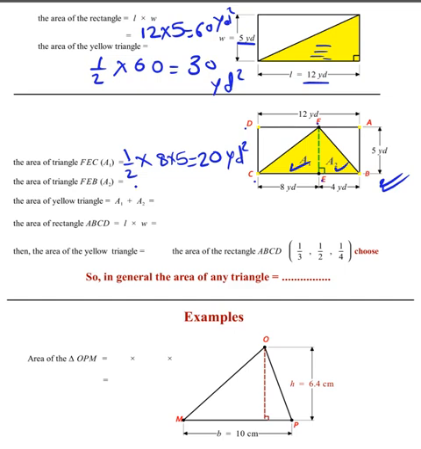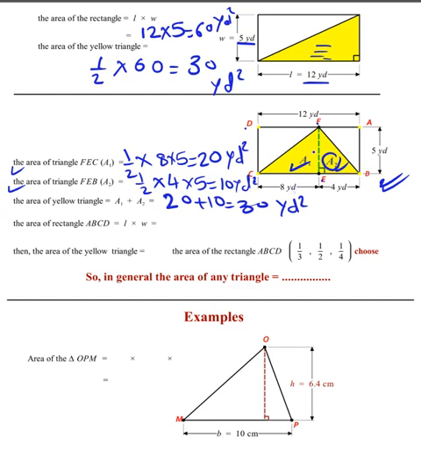The area of the triangle FEB, A2, is also half the area of the rectangle ABEF, which is half times 4 times 5, which is 10 square yards. The area of the triangle, A1 plus A2, equals 20 plus 10 equals 30 square yards.